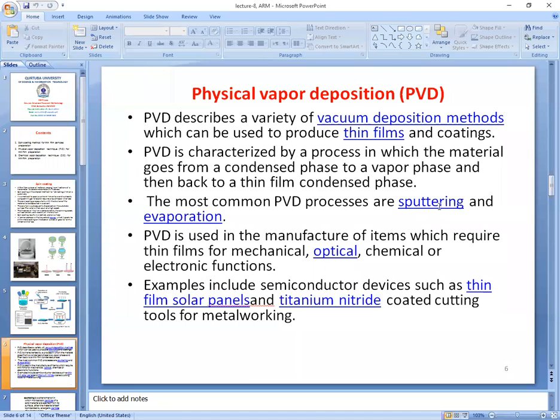We will discuss it later. PVD is used in the manufacture of items which require thin films for mechanical, optical, chemical, or electronic functions. Examples include semiconductor devices such as thin film solar panels and titanium nitride coated cutting tools for metal working.